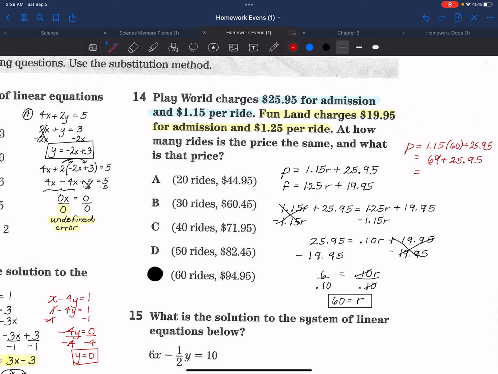And that is going to be $94.95, which is in fact what we were looking for. So those two values are equal at 60 rides.